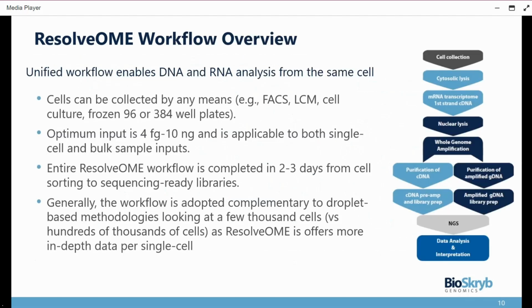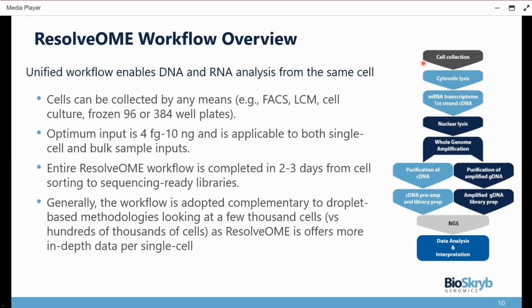The workflow is very similar to the Resolve DNA workflow that we covered earlier in the presentation. The key difference is the lysis. The cells are collected in the same way, such as using flow cytometry or the CellCelector system, in 96 or 384 well plates.